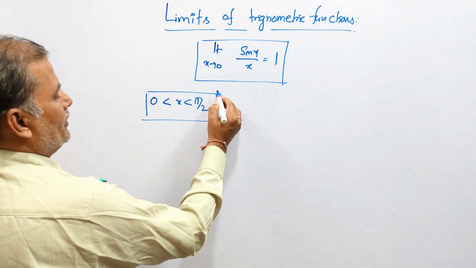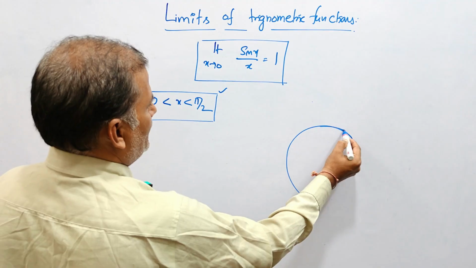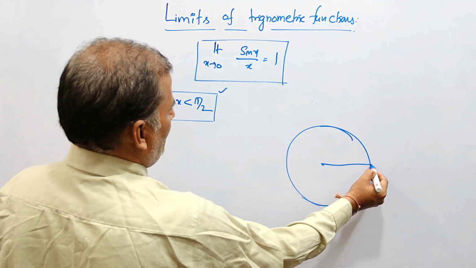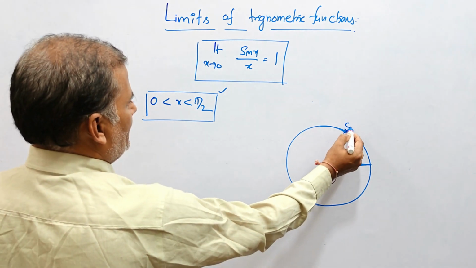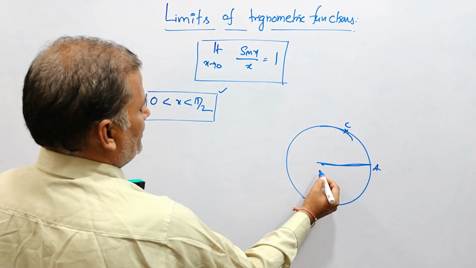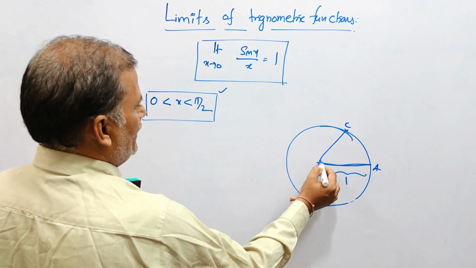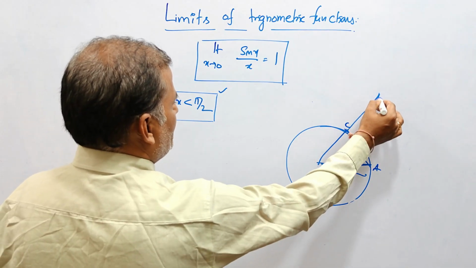To prove this equation, we take a unit circle. Unit circle means the radius of the circle is always 1. Take any point here; OA is the radius, and its length is 1. Join OC and OA, and extend OC to this side.